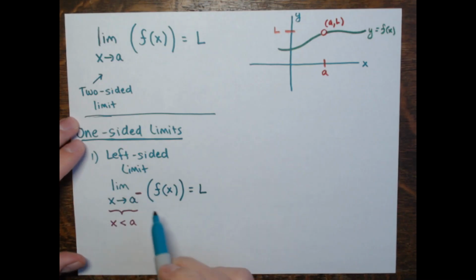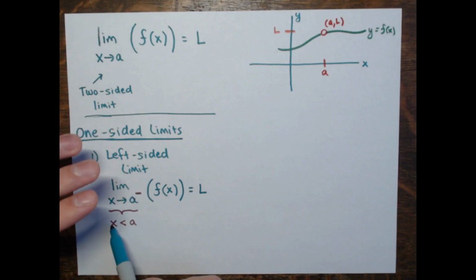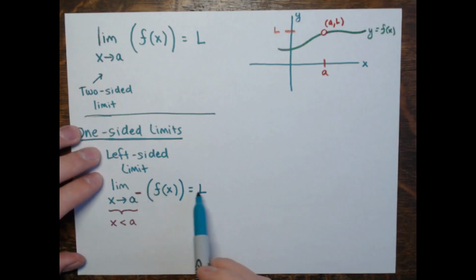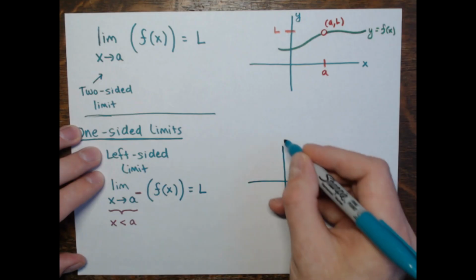So if I say the limit as x approaches a from the left, or from below, plugging in values less than a, getting closer and closer to a, of f of x equals L, graphically that means this.